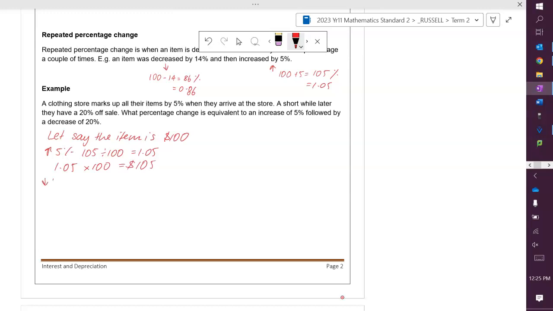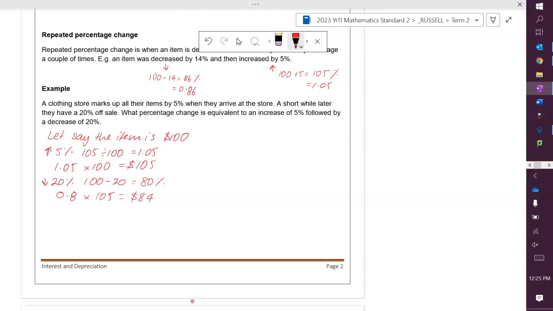Then we have our decrease of 20%. So we need to say 100 minus 20 is going to give us 80%, and that is going to be 0.8 multiplied by our price, so 1.05. And that tells us $84.